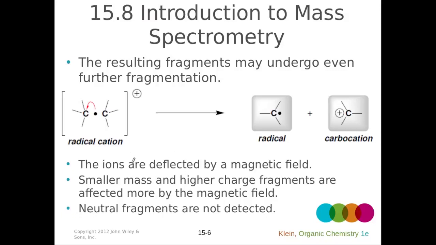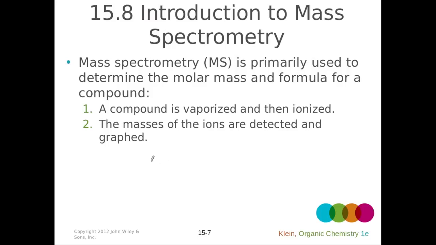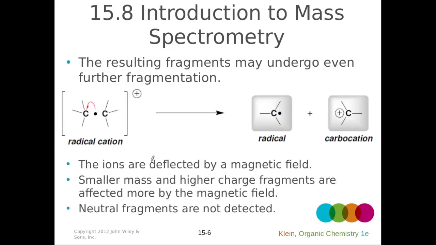So the molecule can fragment, and when it does, it's going to fragment into a radical and a cation. So the cations are going to be deflected by the magnetic field, and the radicals will just keep going straight through the magnetic field undeflected. So we're going to be detecting the cations but not the uncharged radicals.